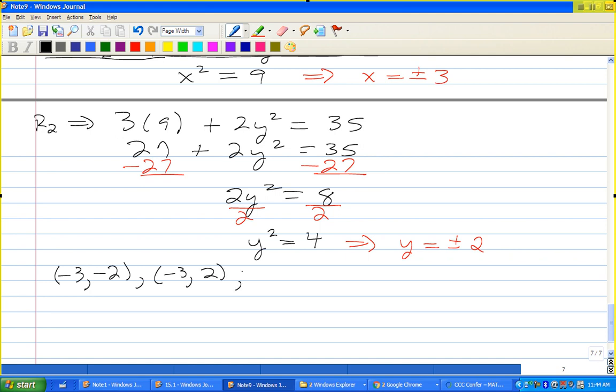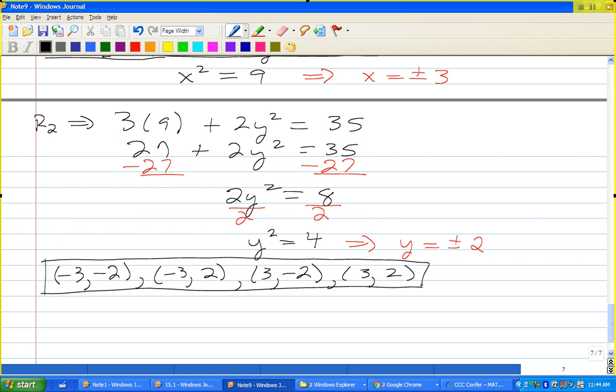When x is positive 3, y could equal negative 2 or positive 2. So notice in this case there are 4 solutions. For each x, I get 2 solutions corresponding to the fact that I have 2 different y's. And so there's a total of 4 possible solutions.